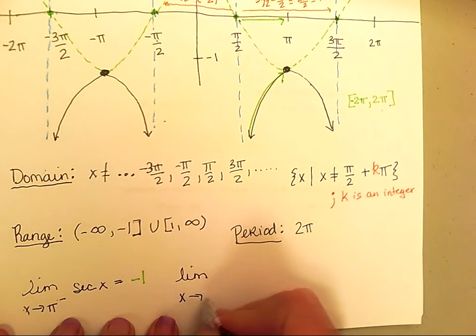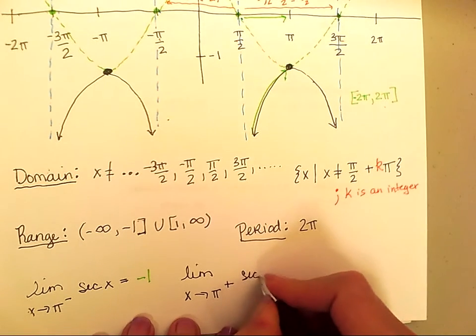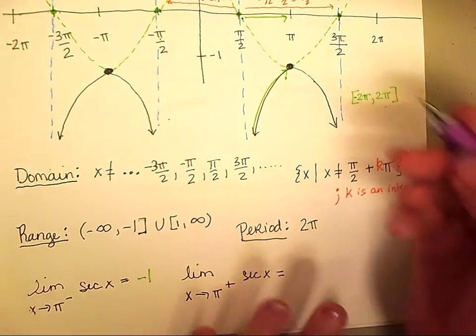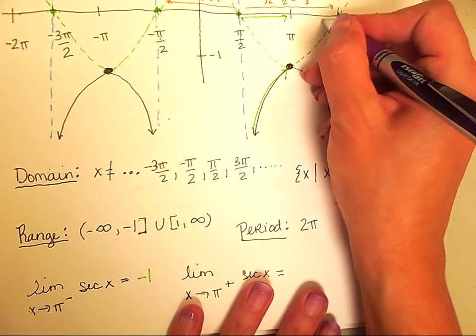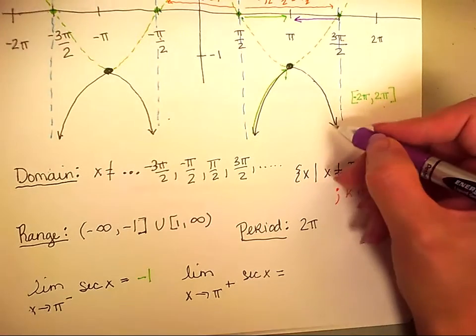And we could also look at the limit as x approaches pi from the right-hand side of the secant. If we're going to approach from the right-hand side, let's start at the asymptote, to the right of pi, and move in.